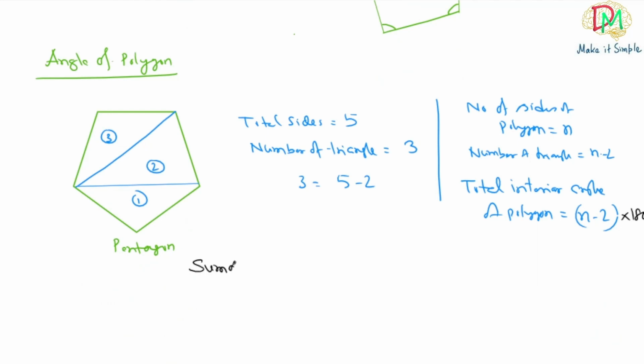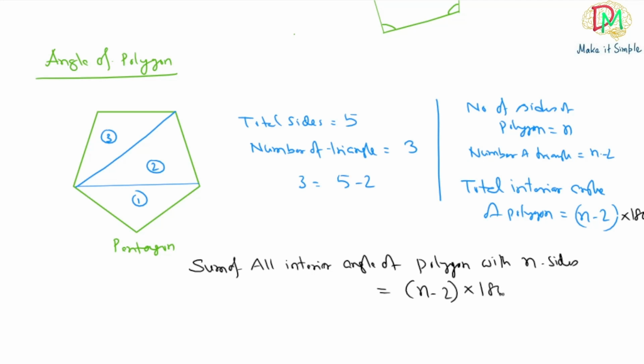Sum of all interior angles of a polygon with n sides is equal to n minus 2 into 180 degrees.